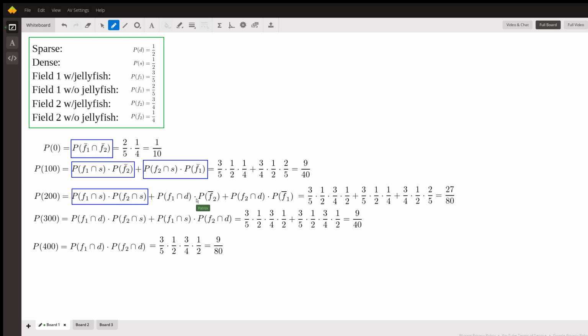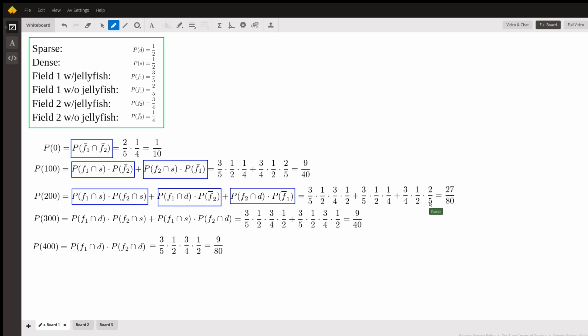That'd be 200. And then field 2 has no jellyfish. That's the second possibility. Or, plus, field 2 has jellyfish and it's densely populated. That's 200. And field 1 has no jellyfish. Again, we just take all these numbers. Because it's independent with the intersection here, we can multiply.